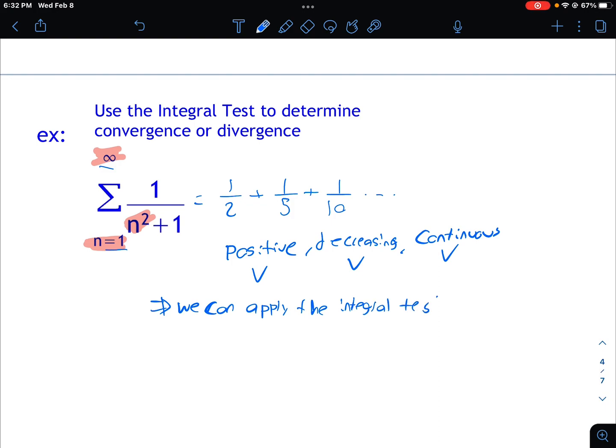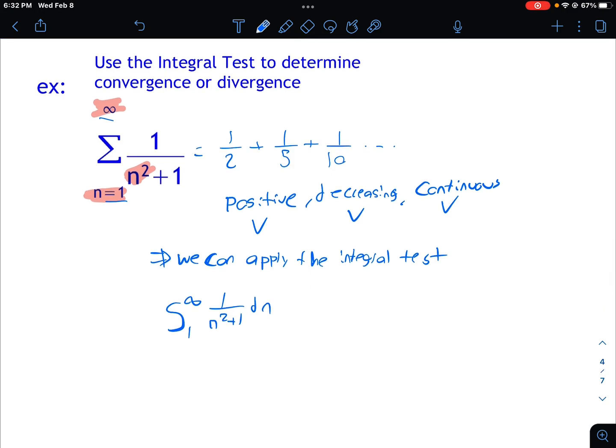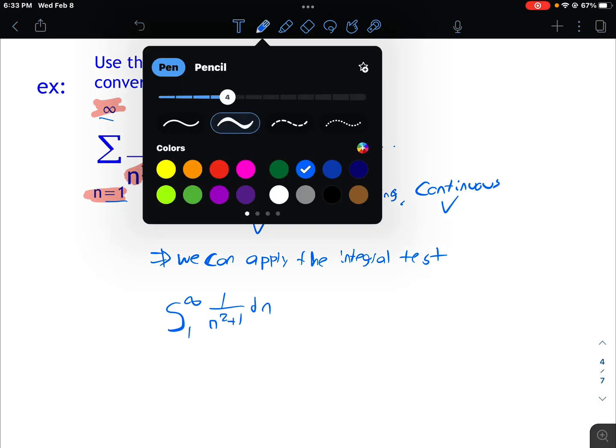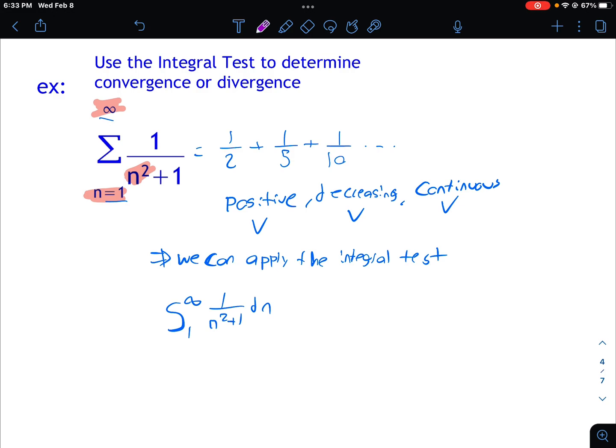which states that if we take the improper integral from 1 to infinity of 1 over n squared plus 1 dn, then either both these converge or both diverge. Okay, what's interesting about this one is we don't have an ln like the last time. There's no n in the numerator, so we're not going to have u prime over u. This is actually going to be an arctan, so we have to rewrite it first.